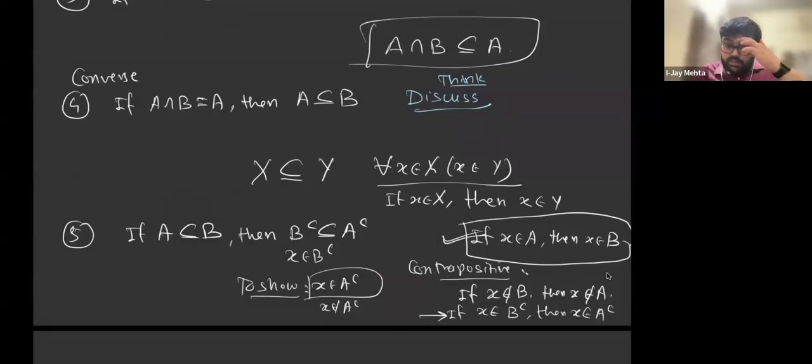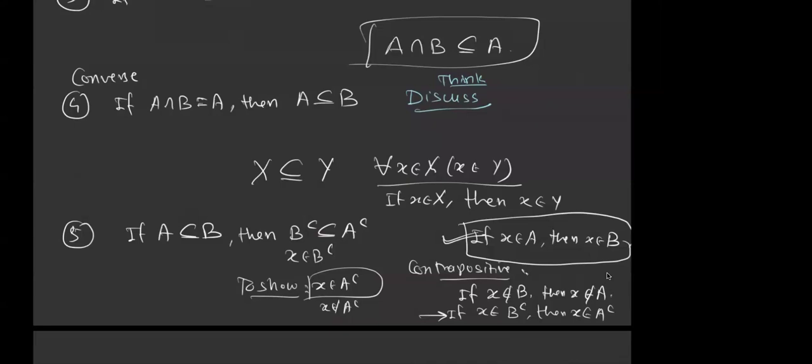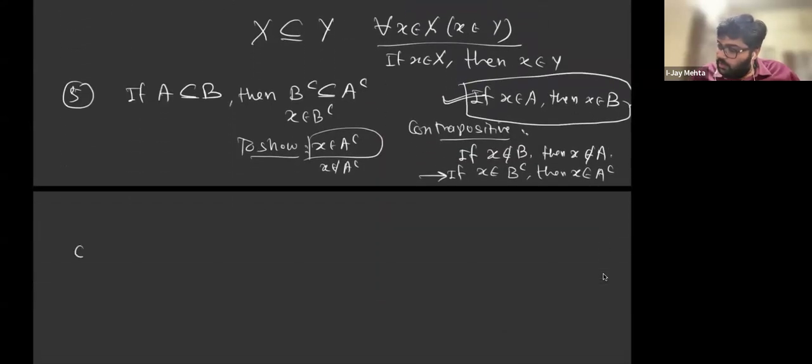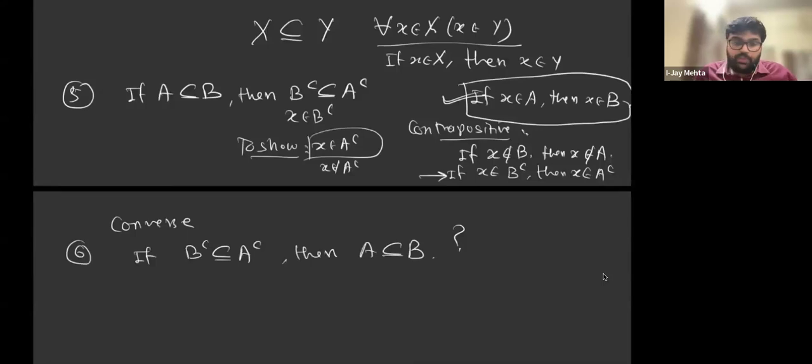How many of you understand this? Okay, it's time, so I'm stopping here. I'll give one more converse part to discuss. Statement number 6 will be the converse of this: if B complement is a subset of A complement, then A is a subset of B. Check if this is true or not.